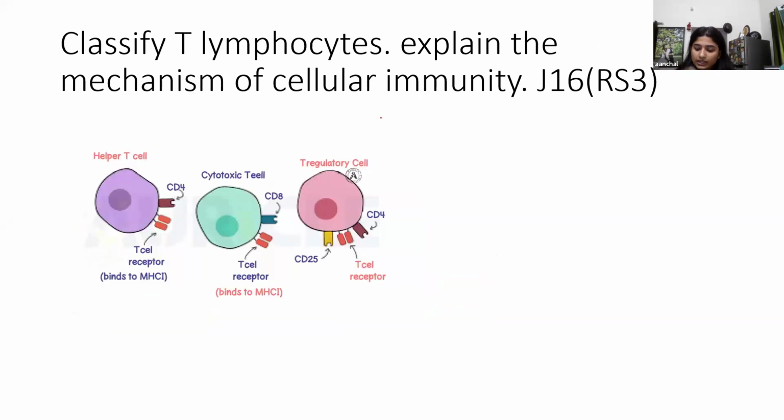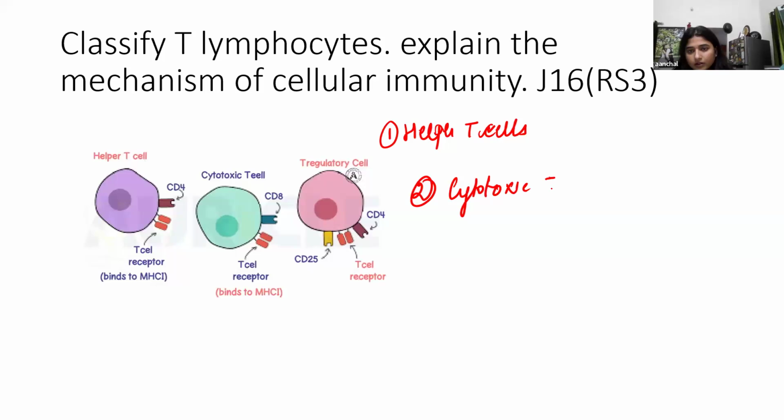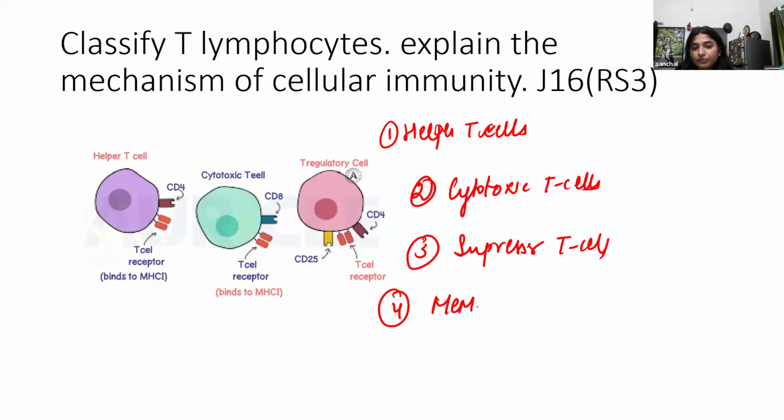T lymphocytes are classified as helper T cells, then cytotoxic T cells, then suppressor T cells, and lastly the memory T cells.